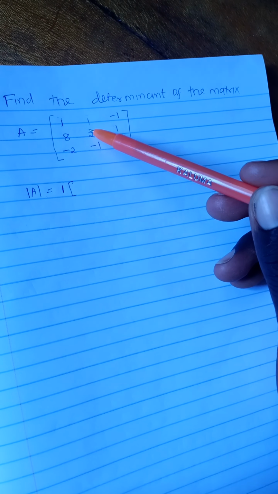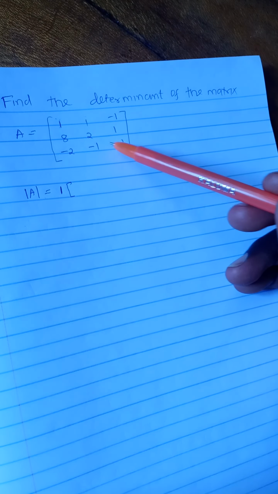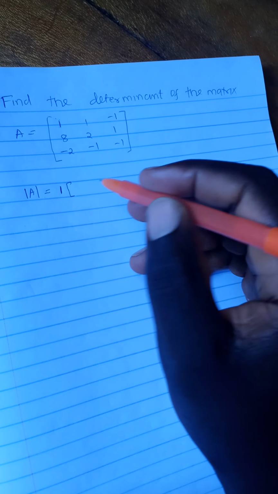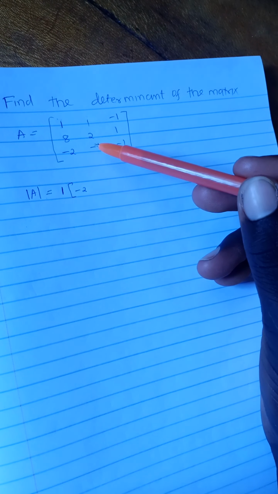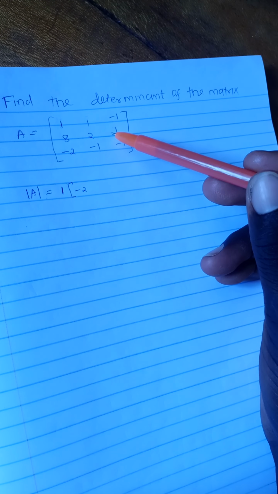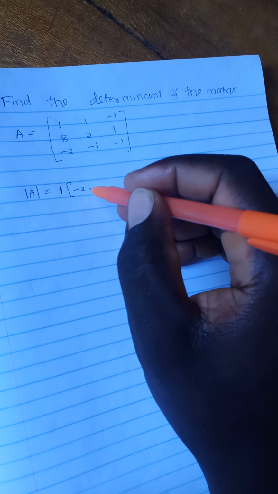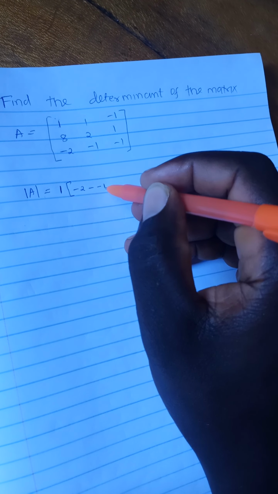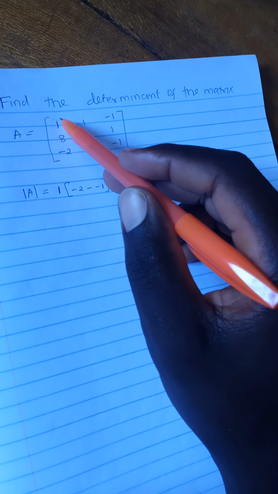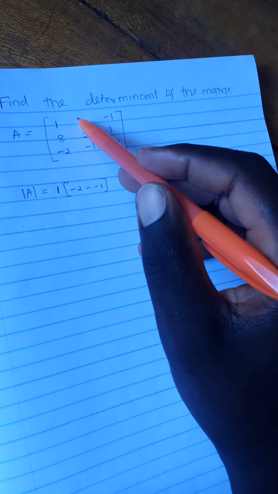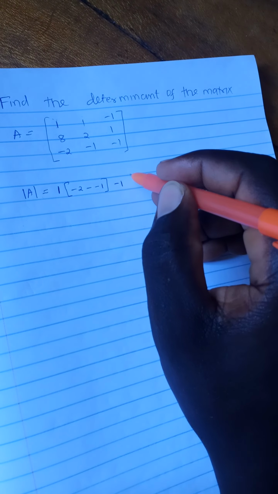We have the product of the main diagonal or the leading diagonal, that is 2 times negative 1, will be negative 2. Then we have negative 1 times 1 will be negative 1. So it is minus negative 1. Then we have to close the bracket. Then this was positive of 1. So we now take the negative of 1, that is minus 1 into.